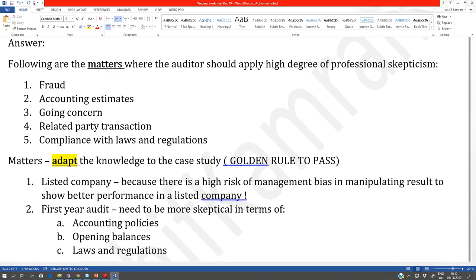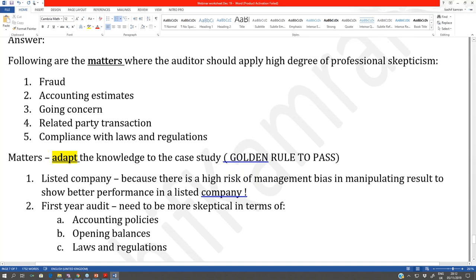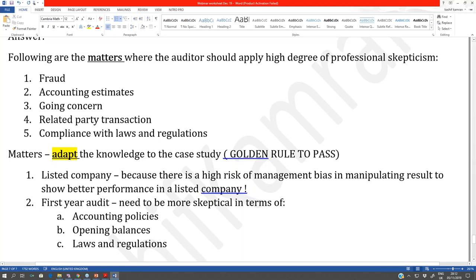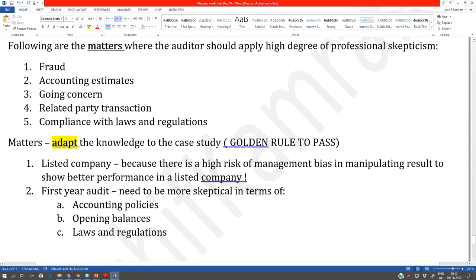So when I am approaching the audit of Bassett Group for the first time, should I be more skeptical in looking at the accounting policies of Bassett, whether they're right or wrong, looking at the laws and regulations for Bassett, looking at the opening balances for Bassett? See how many areas can fall under the first year audit where I need to be more focused on, where I need to be more skeptical.